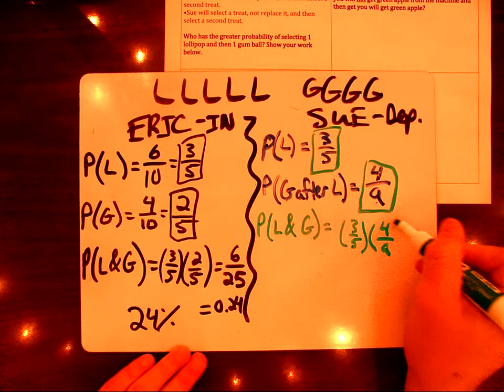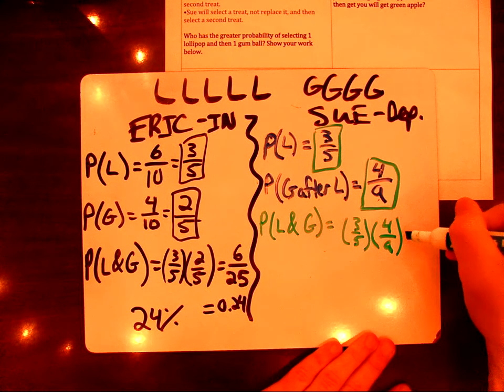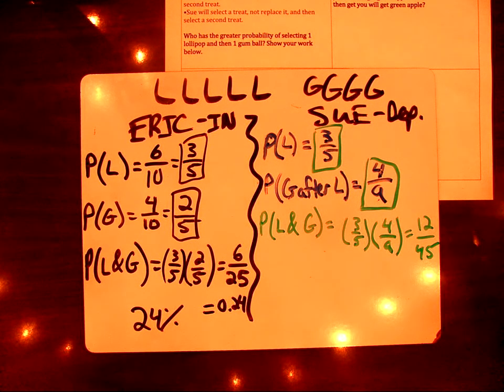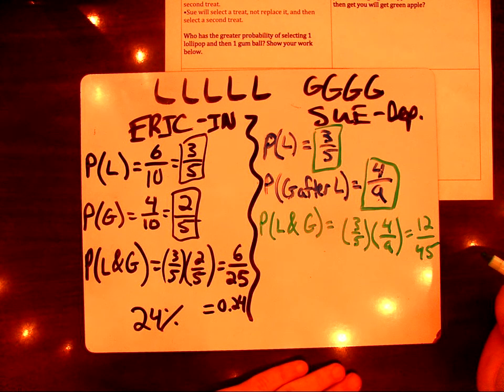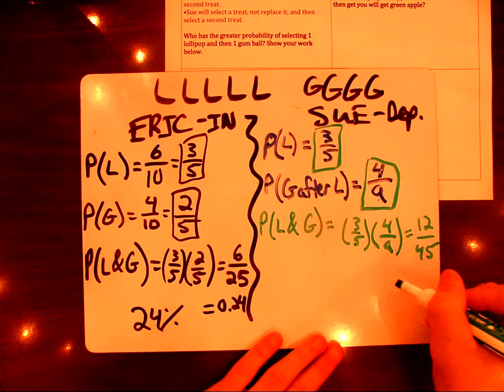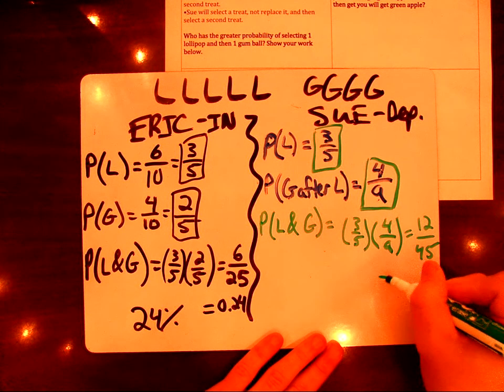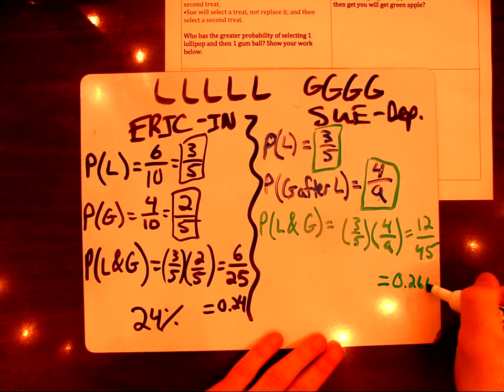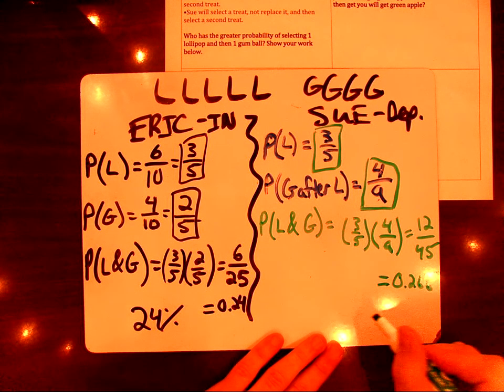We should get 12 over 45. When you simplify that out, it is equal to 0.266 repeating. Again, we always round to the nearest percent, so it's about 27%.